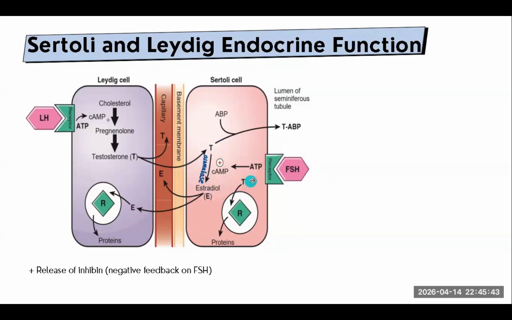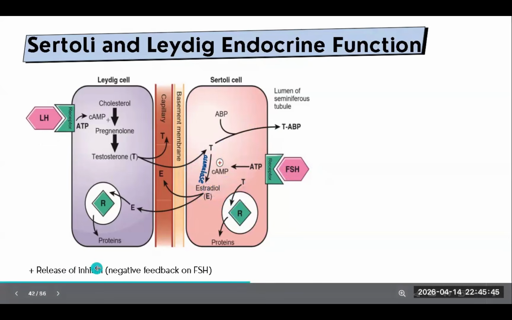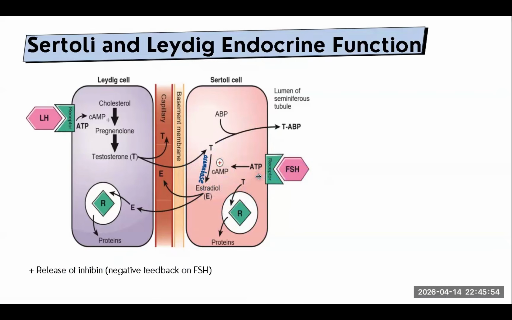Step 2 is release of inhibin, which has a negative feedback on FSH. Okay? Of course, there has to be a negative feedback mechanism, and this is done by the release of inhibin. Inhibin would go all the way through the blood to the anterior pituitary. It would tell it to stop producing FSH.